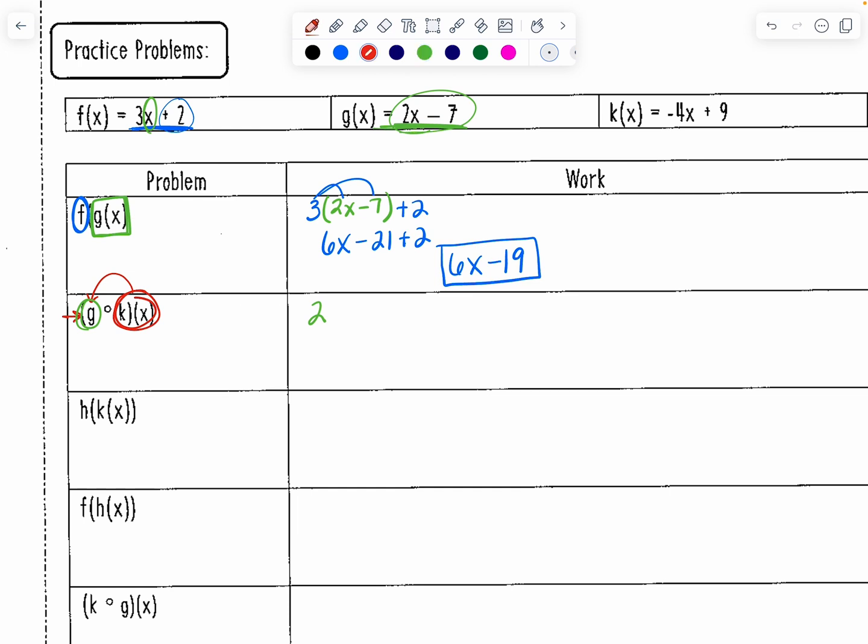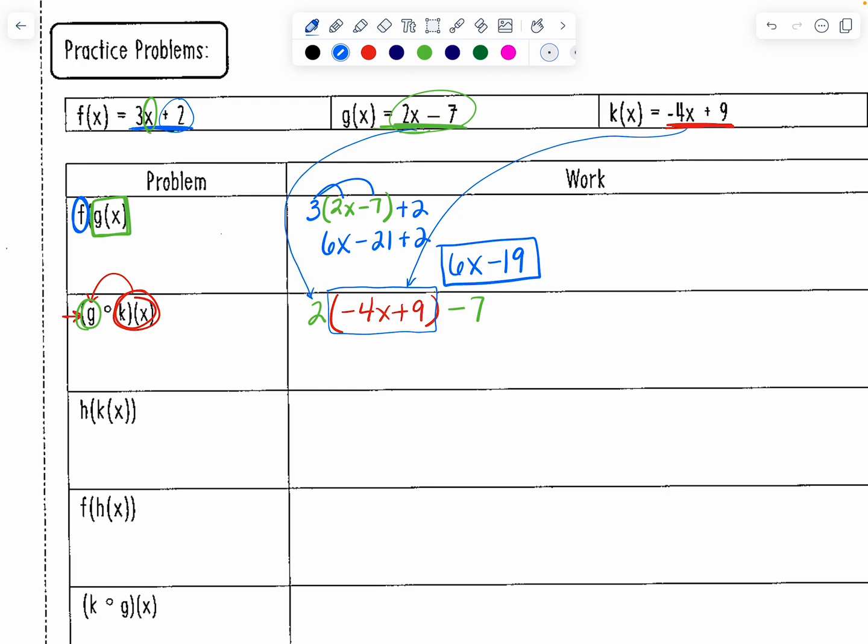So I'm going to write my g function, 2, but instead of the x, I'm taking that x out, and I'm going to put in my k function. So parentheses, negative 4x plus 9. So my k function I'm making red. Now I have to finish writing the g function, so minus 7. So can you see that this parentheses right here came from right here, and I'm just putting the k function into the g function.